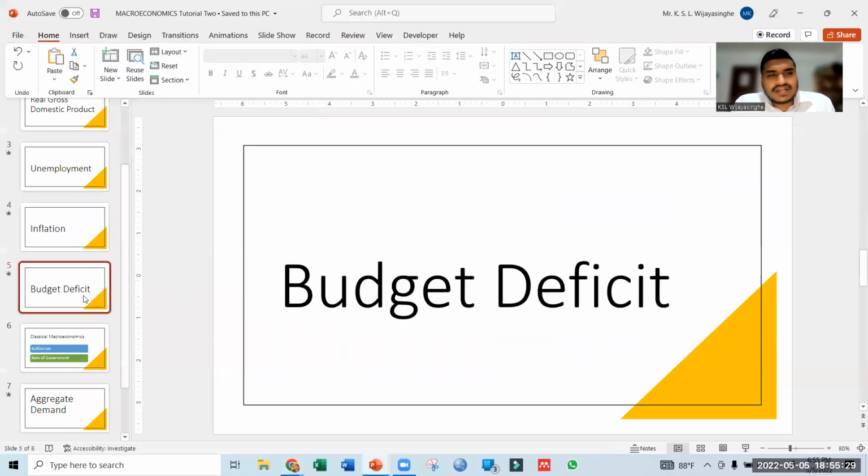So we go to the last area, budget deficit. I don't want to explain this in depth, but it's better if you get yourself familiar with the budget deficit. Right. Sri Lanka has been throughout on budget deficit.